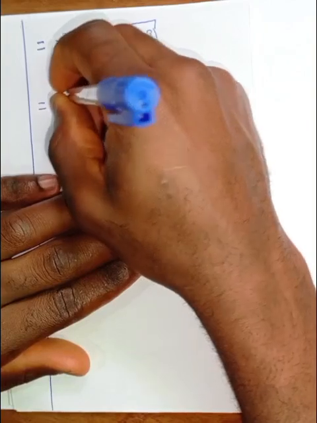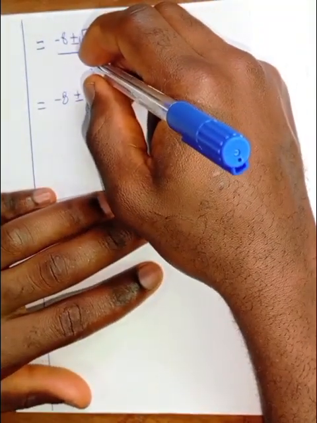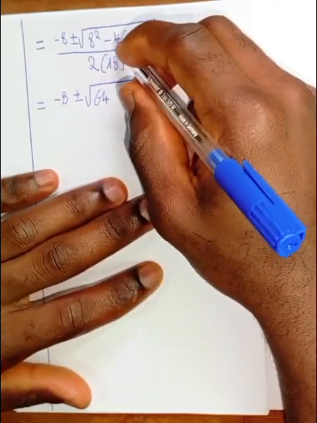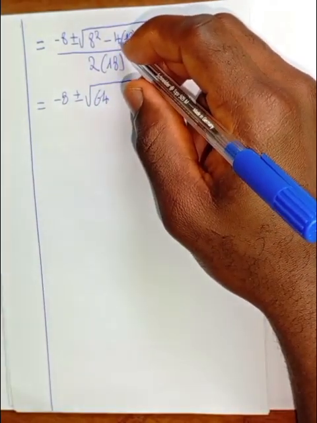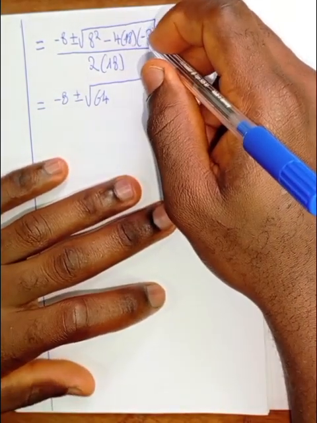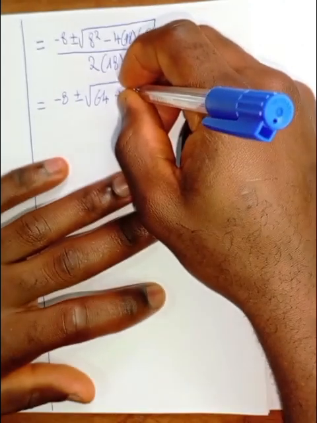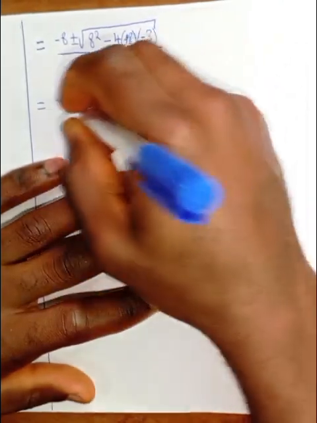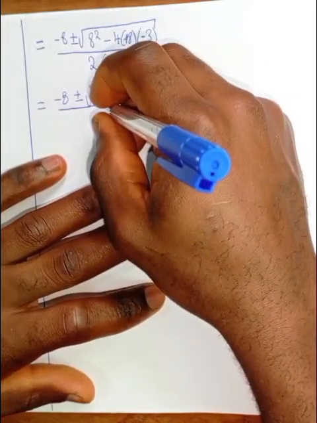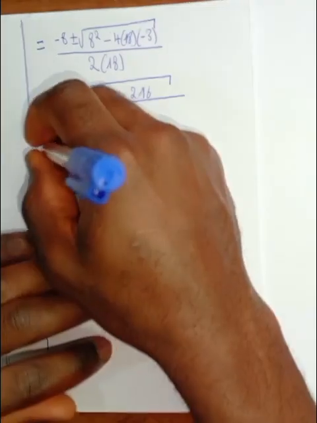This will give us negative 8 plus or minus the square root of 8 squared, which gives us 64. Next, if we take negative 4 times 18 times negative 3, the answer will simply be positive 216, all over 2 times 18, which gives us 36.